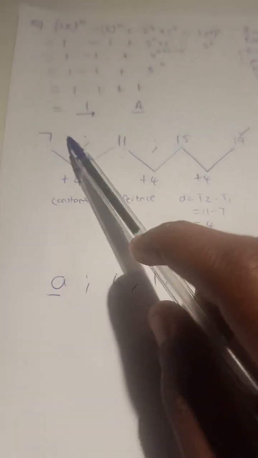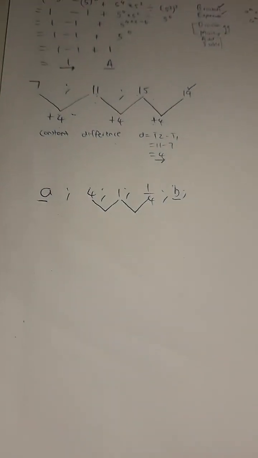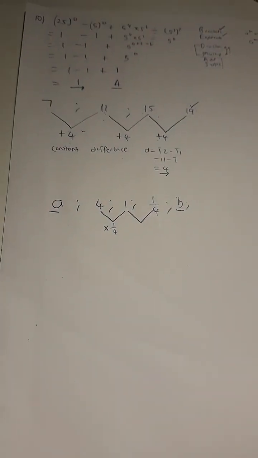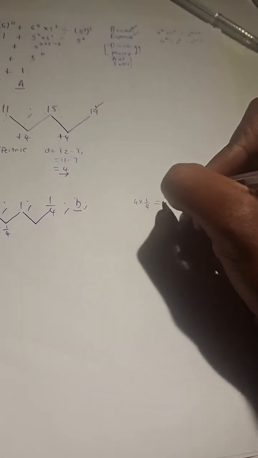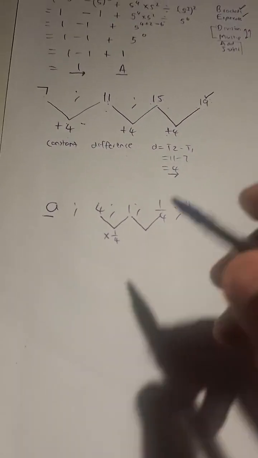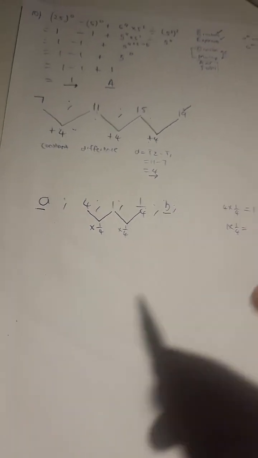We discovered that the previous one was a linear pattern, meaning there was a constant difference. But guys, what's happening here? It seems like we are multiplying by 1 over 4. Because what's 4 times 1 over 4? That gives me 1. What is 1 times 1 over 4? That also gives me 1 over 4.